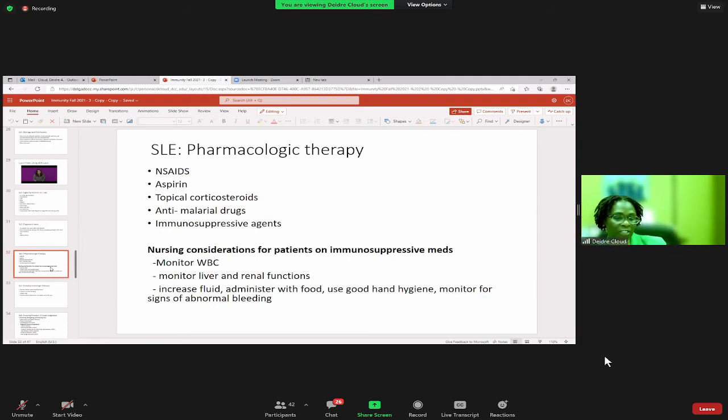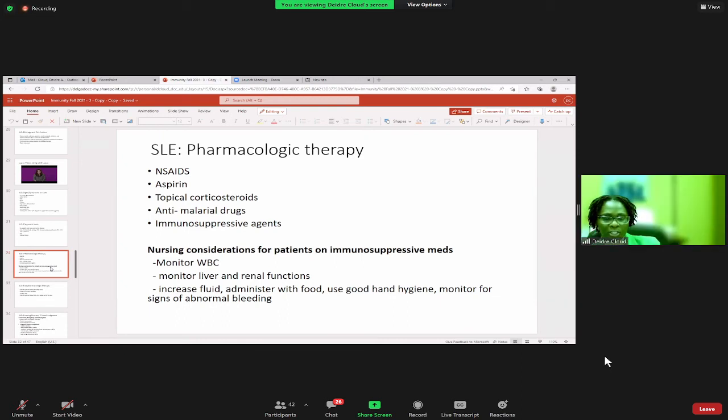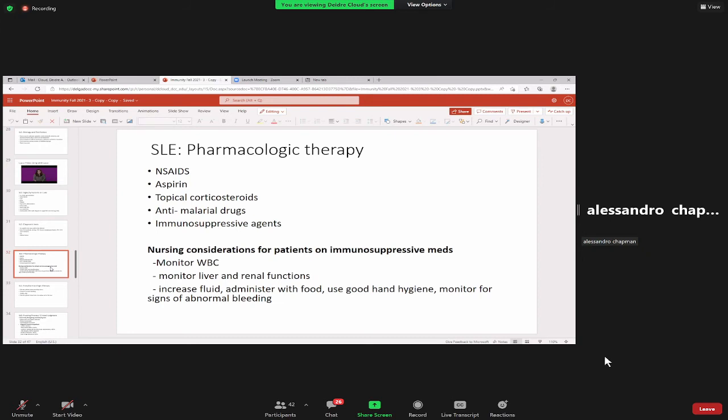All right, so for skin and arthritic manifestations, they also use the anti-malarial drug. What drug is that? Plaquenil. So what considerations or teaching should you tell a patient about Plaquenil? Doesn't it cause vision problems?